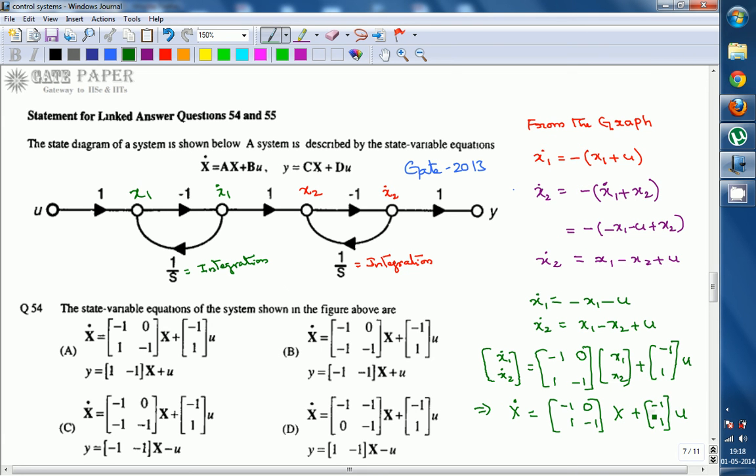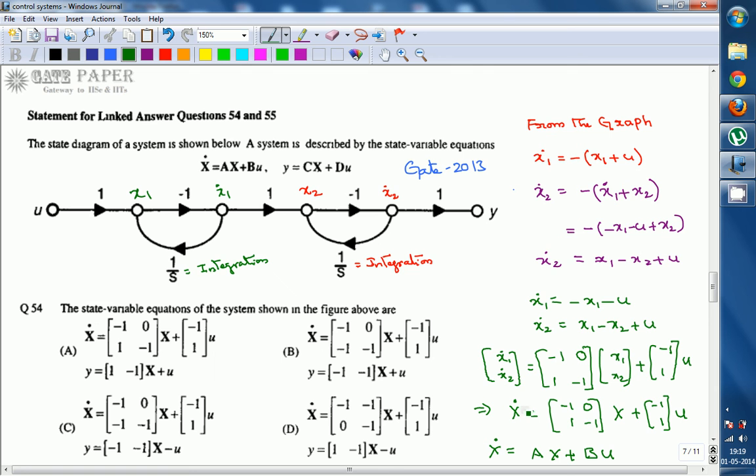So we have the expression in the form x dot equals Ax plus Bu, where A equals this matrix and B equals this matrix. So we can verify the options here.